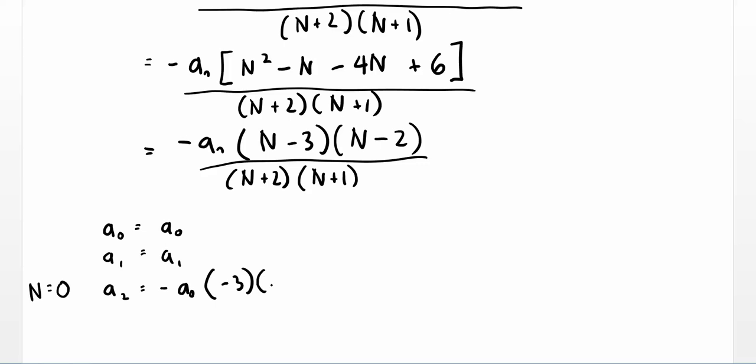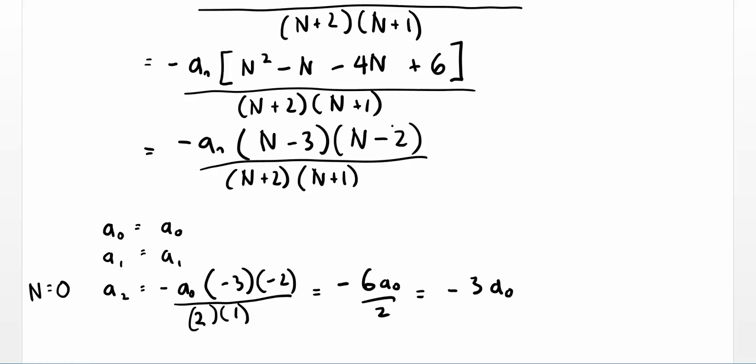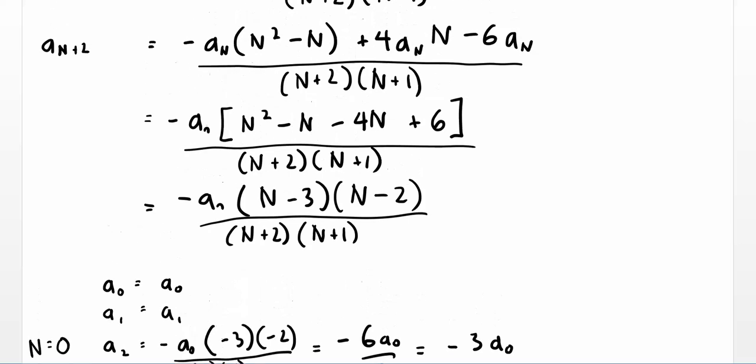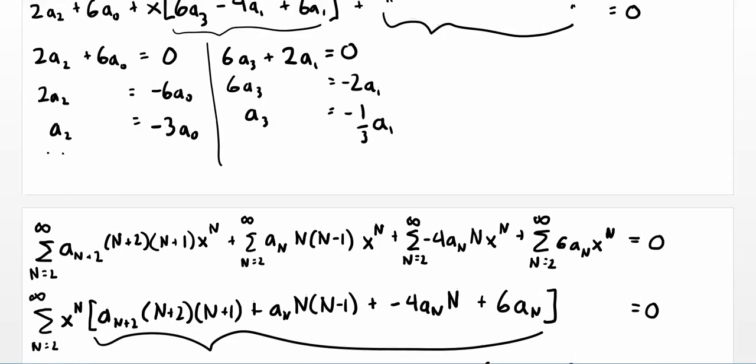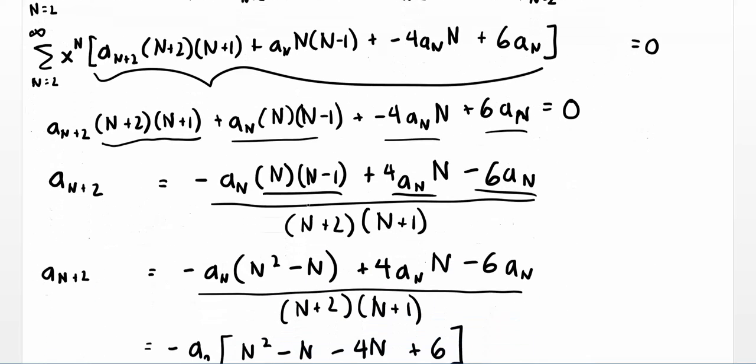Negative 3, negative 2 divided by 2 times 1, and we'll get negative 6a0 over 2 is equal to negative 3a0. Now in this particular problem we actually already had that. You won't always though, but we had a sub 2 equals negative 3a sub 0. But it's a good way to check your work.